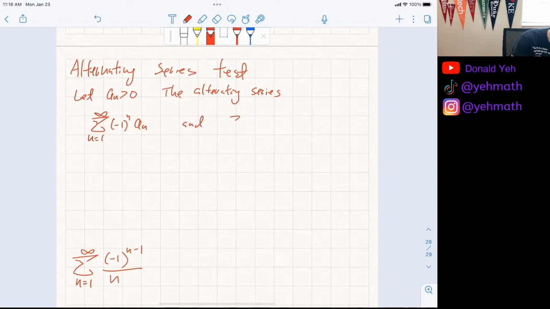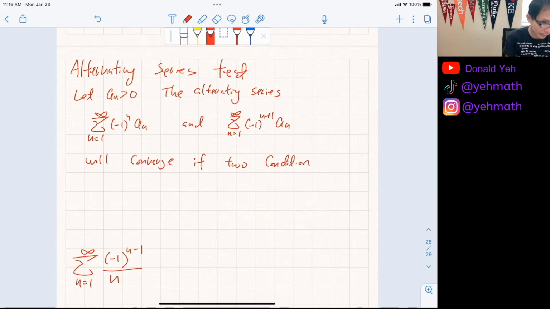And this, the sum from n equals 1 to infinity of (-1)^(n+1) a_n. So what's the difference between the first series and the second series? One of them starts out negative, the other one starts out positive. Good. Then both will converge if the conditions are met. It's actually 3 conditions. The first condition is that it has to be alternating.